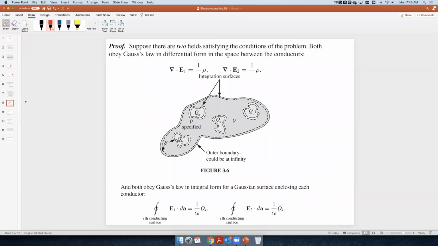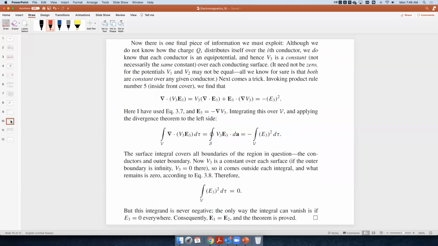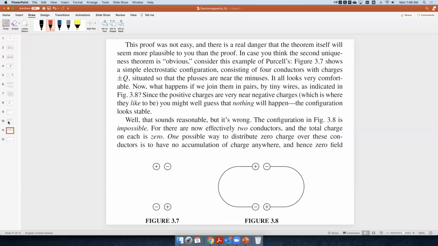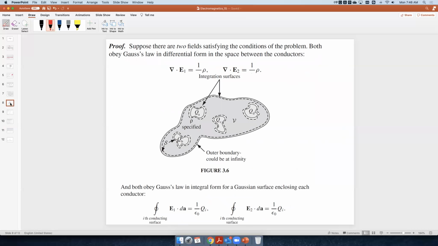Okay, so here it shows the proof of the second theorem. It's a little bit more complicated. You can go through the derivations to see how to prove the second uniqueness theorem. It's a little bit more complicated than the first theorem, but the good thing is you don't have to remember how to prove it.